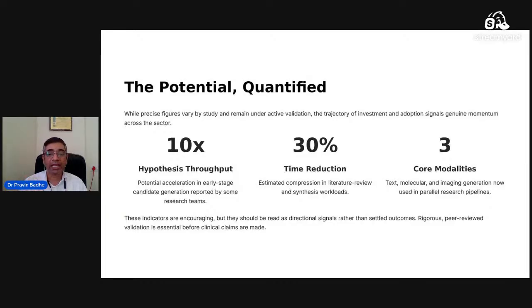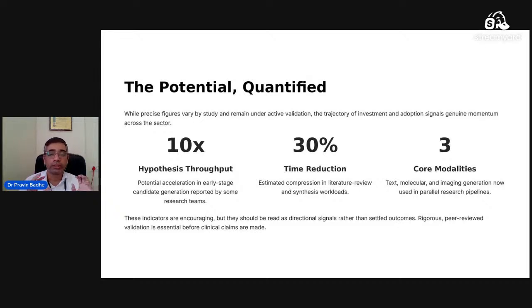There is a time reduction of about 50%. I would say more than that now, because the models are getting trained in literature review and synthesis of content from the literature. The major core models useful in generative AI are text, molecular, and imaging generation, which help in the research pipeline.